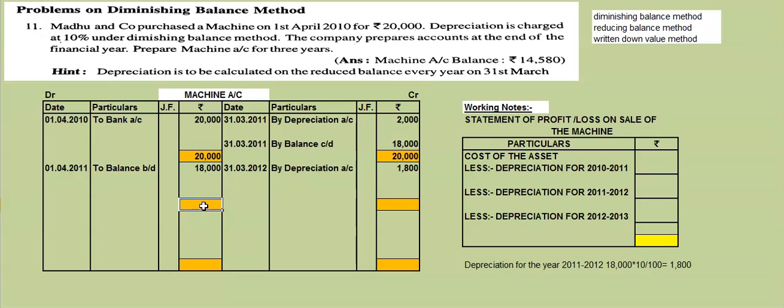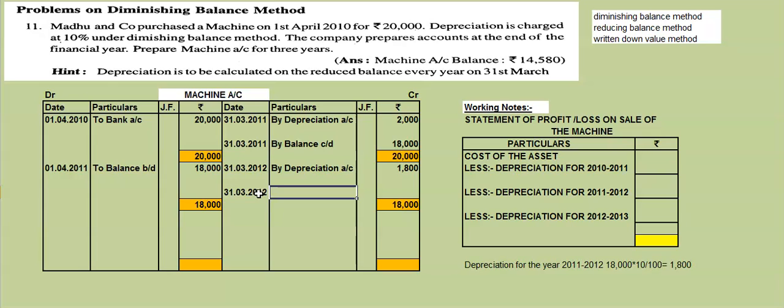So this is the second year. So 18,000 minus 1,800. What is the procedure now? You have to balance. How much is the value here? 18,000. Here also we'll take 18,000. Now what is the next step? You have to balance. What date? 31st March 2012.